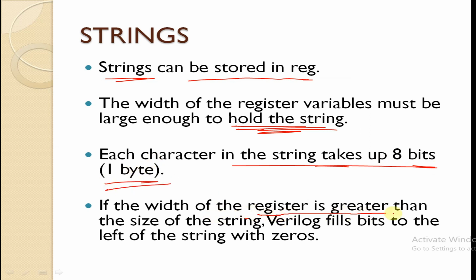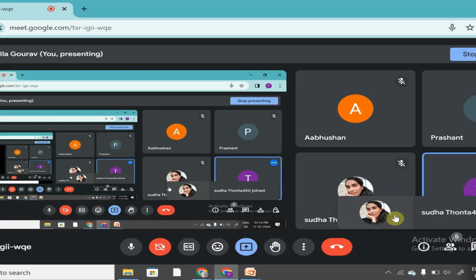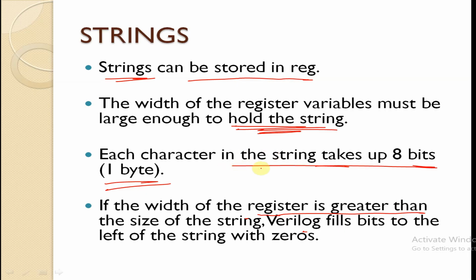If the width of the register is greater than the size of the string, then Verilog fills the bits to the left of the string with zeros. For example, here if we take reg [15:0] B, this is our register of 16 bits, and we store in B some string, say "A".